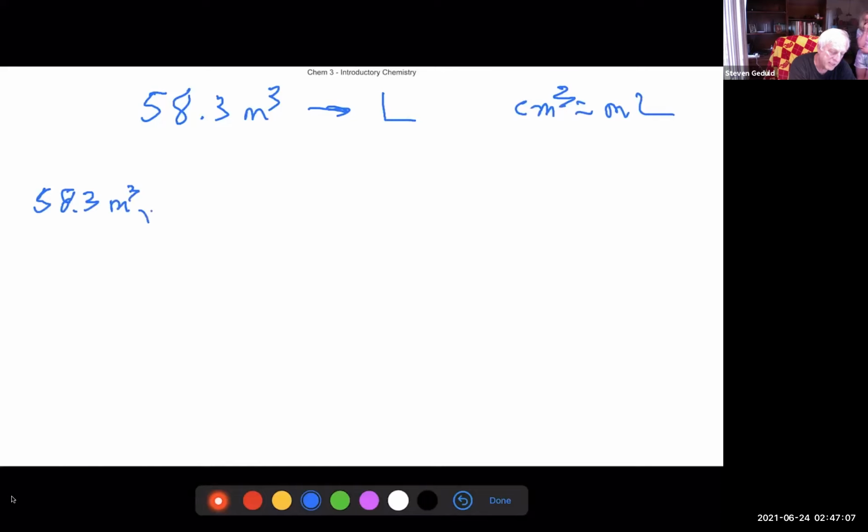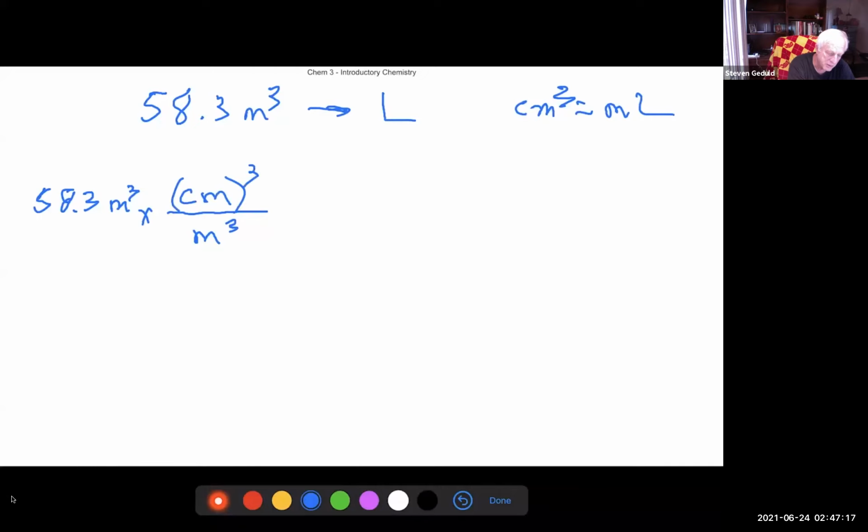cubic meters. And from cubic meters, I can go to cubic centimeters, right? I can have meters cubed and then centimeters cubed. Instead of writing c, what is c equal to in the metric system? 10 to the negative 2.